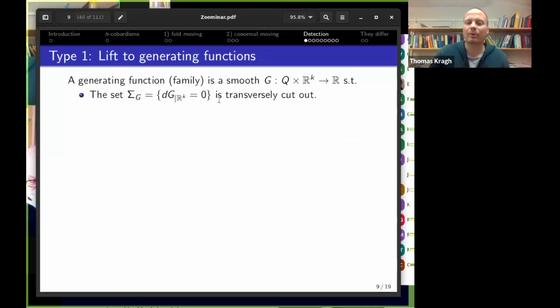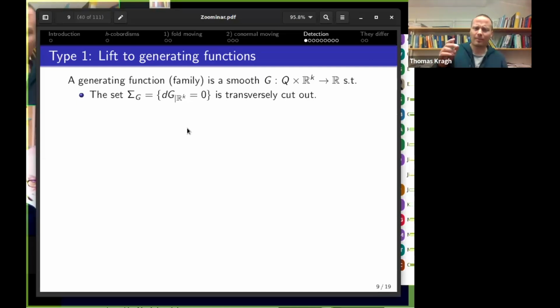So a generating function G, in this talk at least, there are more general versions, is a smooth function from G cross R^k into R, such that the set where the differential of G restricted to the fiber directions, this is the tangent space of R^k, that's R^k itself, is 0. That means that you should think of this as a family of functions, but still calling it a generating function. I don't like to call them generating families because I think of families of these things, so it gets a little annoying.